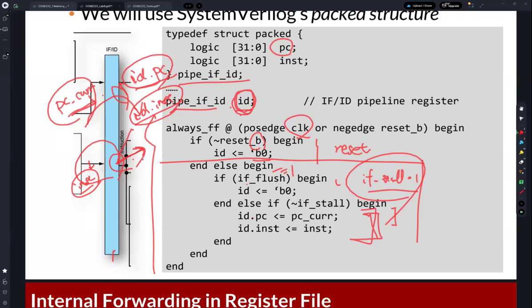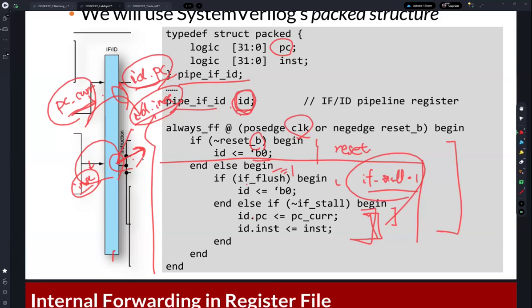But if you read this behavioral model, we just define how the signals are changed on the rising edge of a clock, right? Do you understand? In this behavioral model, we just define how the output signals of D flip-flops are changed on the rising edge of a clock, right?